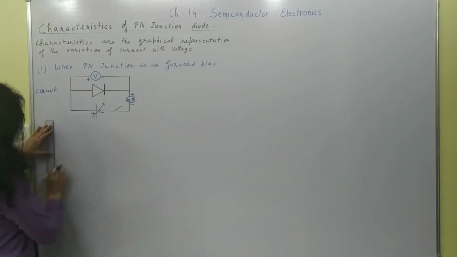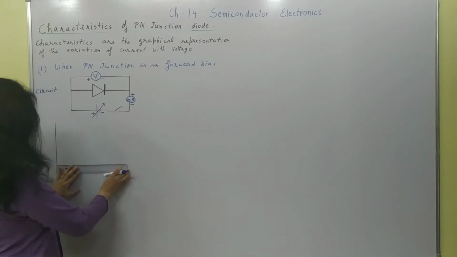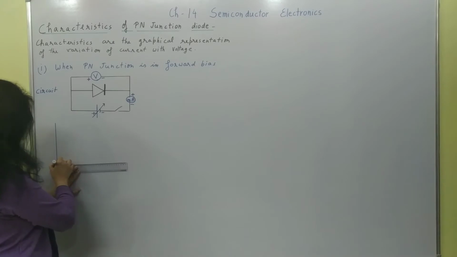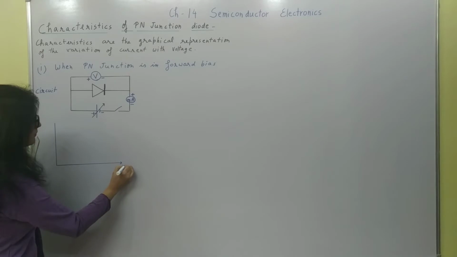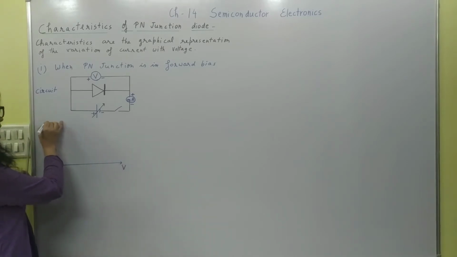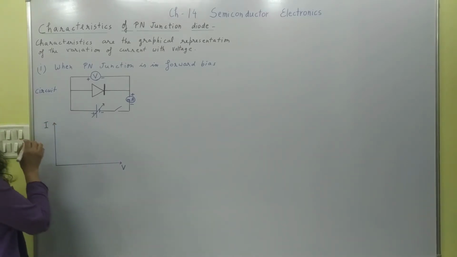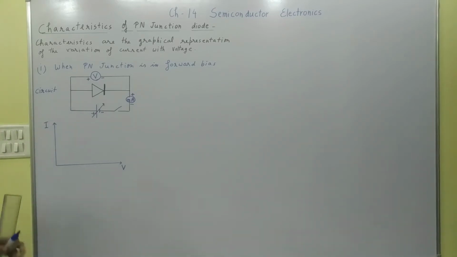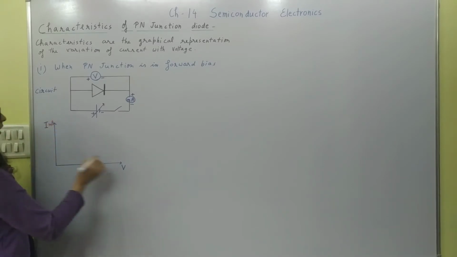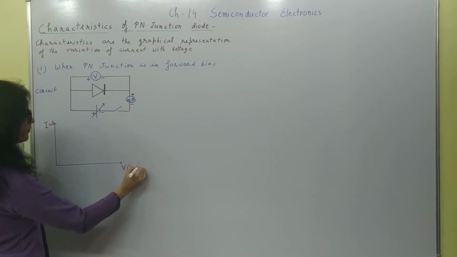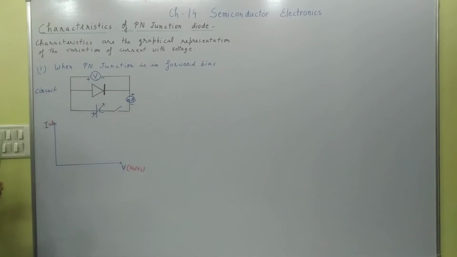So if I want to plot these characteristics for forward bias only, initially what happens, this is the voltage, this is the current, right, and the current is in milliamperes, and this is in volts only. In forward bias, for low voltage, high current is observed.